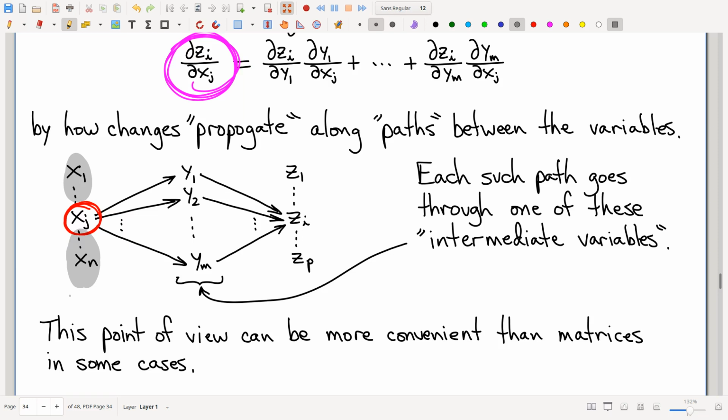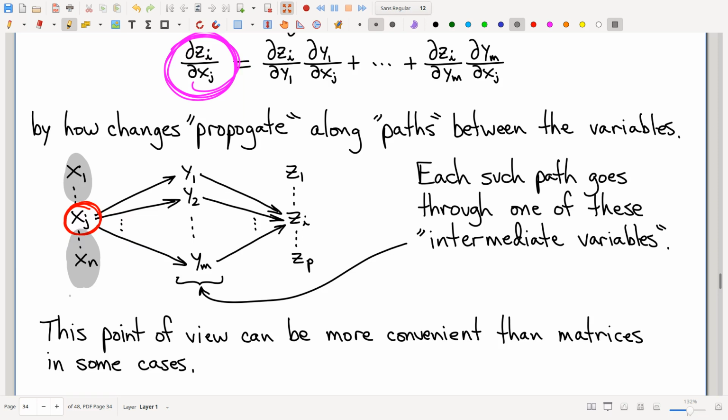well, a bunch of things are going to happen if I do that, right? If I start fiddling with the value of xj, all these y variables are going to change. And each one of them, for example, let's take y1. Any change in y1 will make its own contribution to how much zi changes.